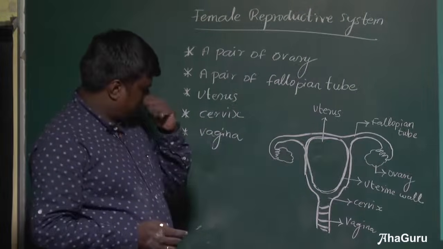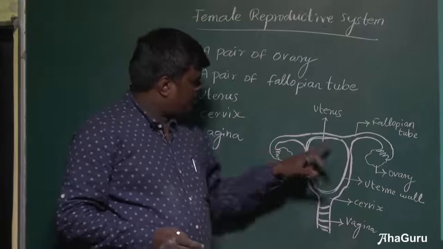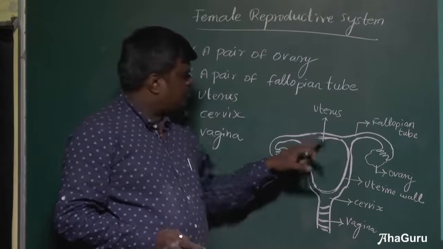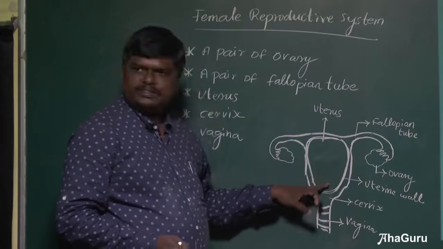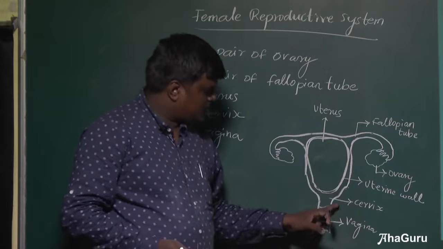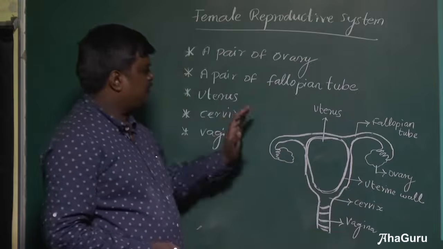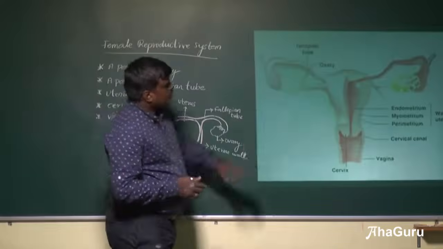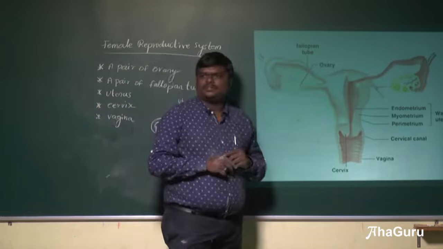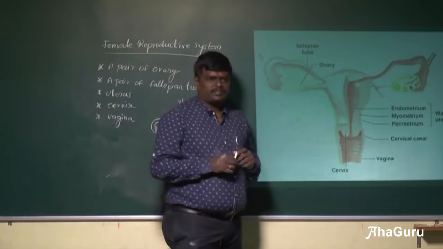This is about a typical structure where you have a pair of ovary and a pair of fallopian tube. This is called uterus and uterine wall, cervix and vagina. So, we learn about the structure and function. This is a typical structure of the female reproductive system.